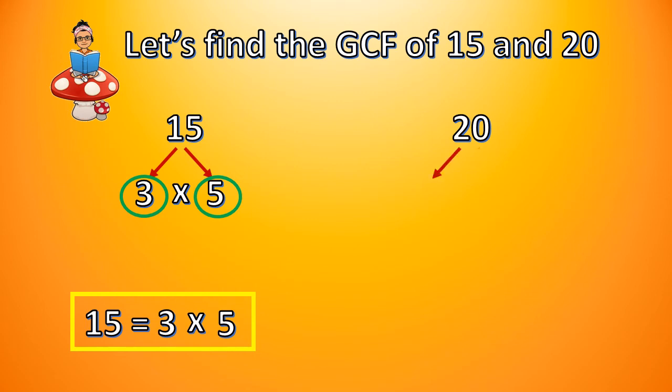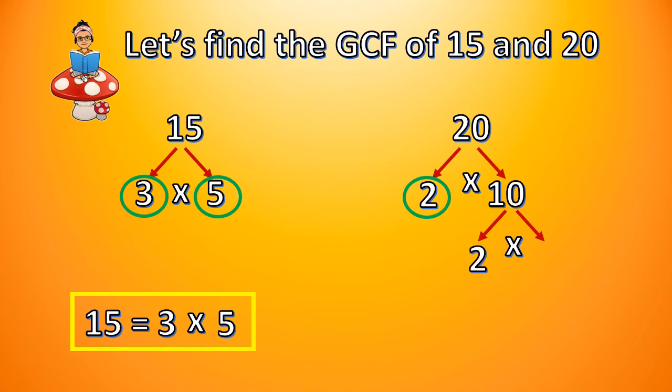Okay, let's try 20. First two branches of 20, we could use 4 times 5 because 4 times 5 is 20. We could also use 2 times 10. Now we know that 2 is a prime number, so we stop here. And then we put 2 branches under 10 and think of two numbers that we could multiply to get 10. Okay, good job.